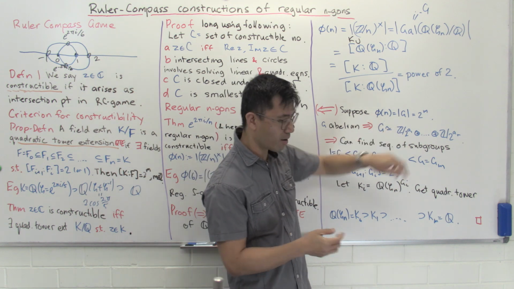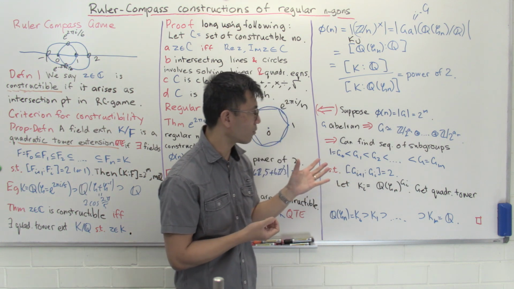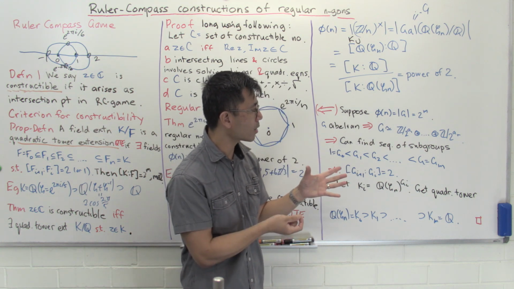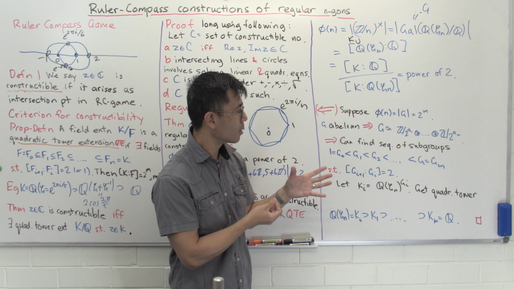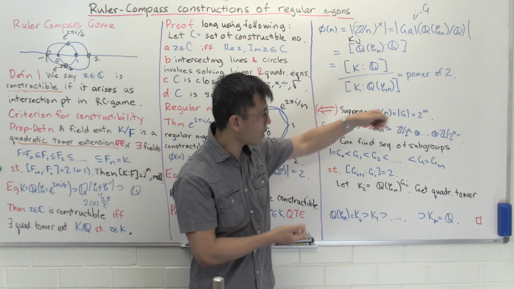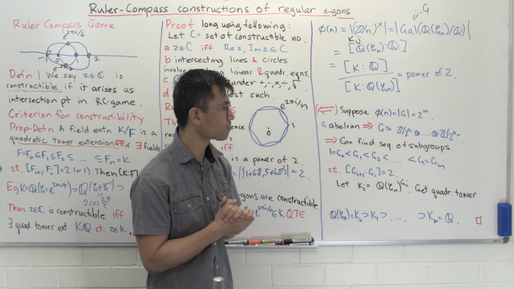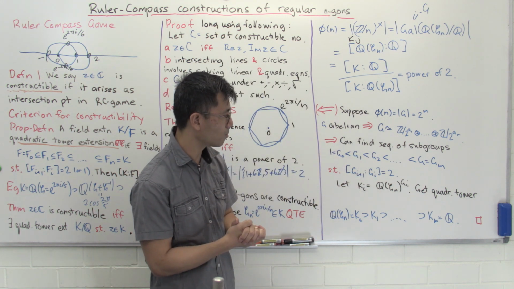For example, if you have Z mod 4, you can insert the group generated by 2, which will break it up into this form. But I'll let you think about how that's true.